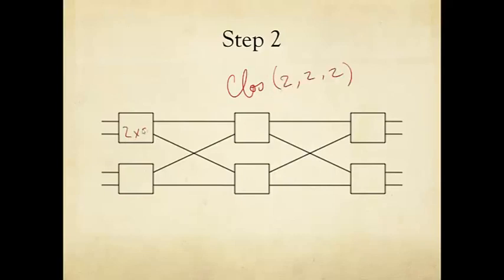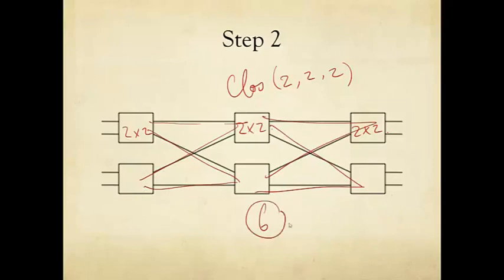So each input switch is 2 by 2, each output switch is 2 by 2, and the middle one is also 2 by 2. And then you get the full mesh connectivity between input and middle, and between middle and output stage switches. Now you got 6 2 by 2 switches to get 1 4 by 4 switch functionality.